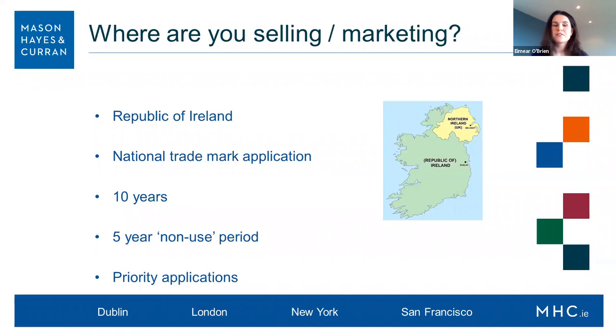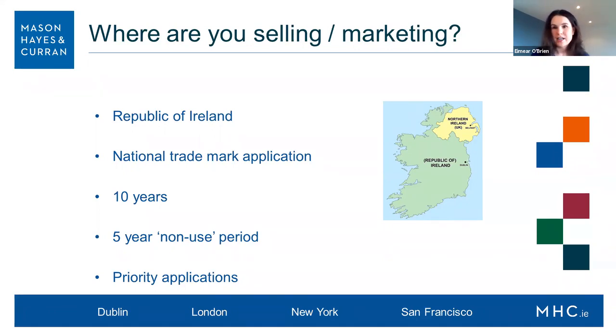So for example, if we were to file an Irish national application today, and within the next 6 months, we thought that we might like to actually file in another jurisdiction, and provided that the mark is exactly the same in every respect, so same owner, same representation, same goods and services specified, then we'll be able to file what's known as a priority application if the jurisdiction that we'd like to file in is party to the Paris Convention.